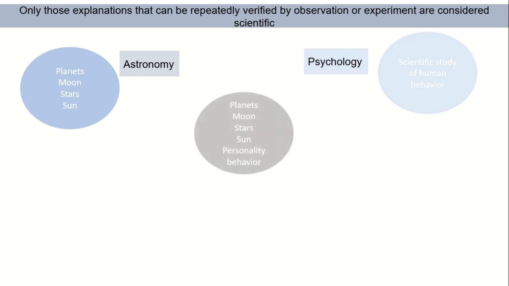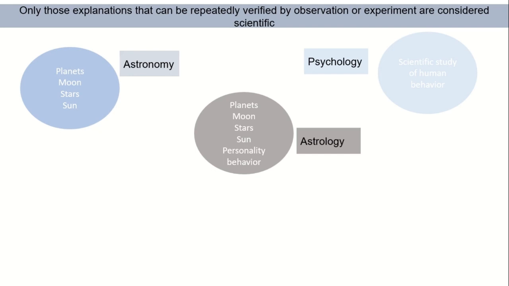And we also have astrology, which combines astronomy and psychology. It studies planets, moon, stars, sun, and personality and behavior. So we know that astronomy is a scientific field, and psychology is a scientific field because it has the scientific study of human behavior. How about astrology? Is it scientific or not?